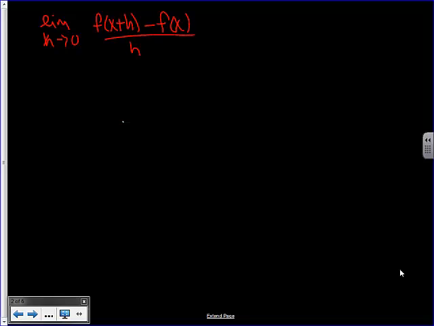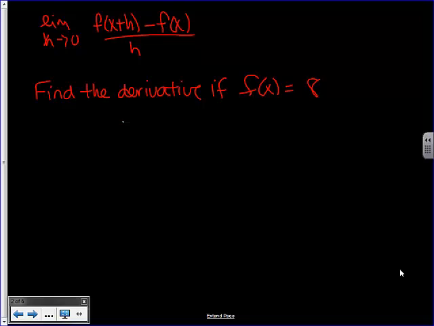Well, it's going to ask you to find the derivative if f of x is 8. So find the derivative if f of x equals 8.